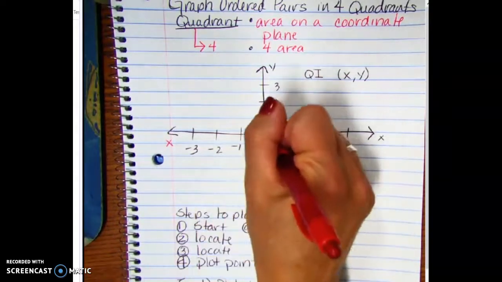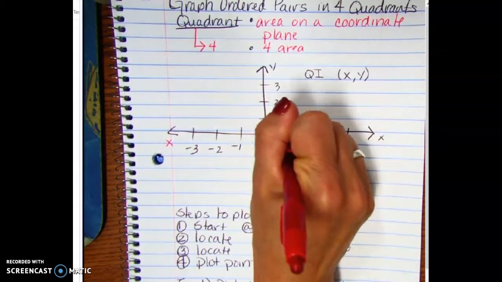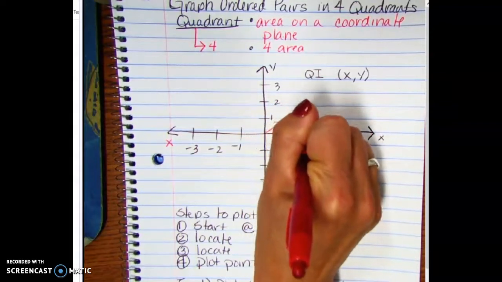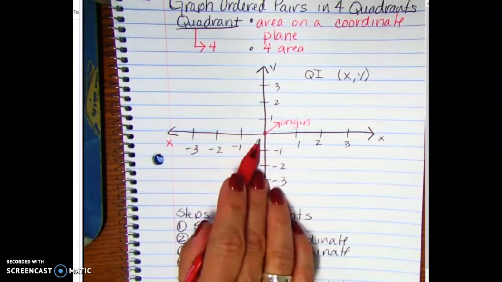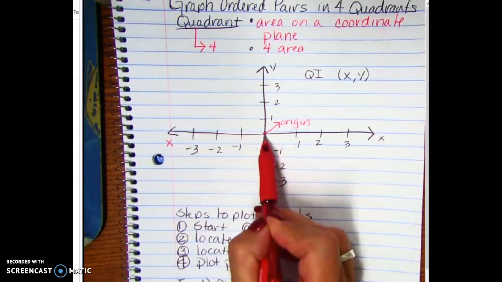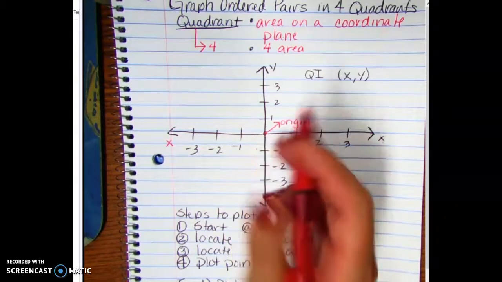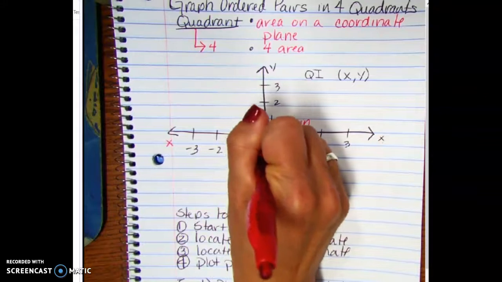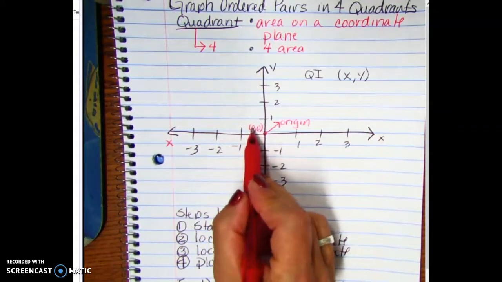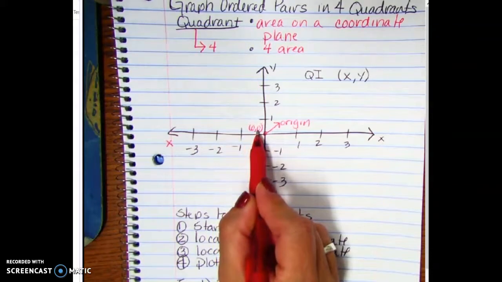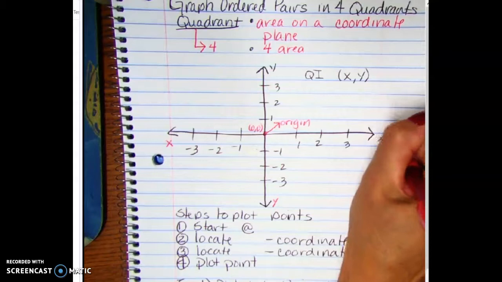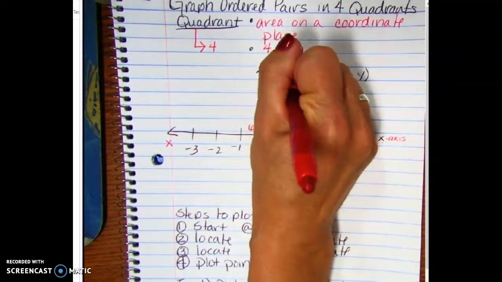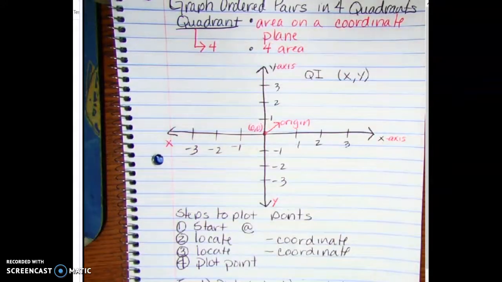Bringing up 0, we also know that the origin is directly in the center of my grid or my coordinate plane, and it's where the perpendicular lines x and y meet, and the ordered pair is 0, 0. X is 0, y is 0. Now, we have x and y, and we need to remember that this line is actually called the x-axis. It's horizontal. And then we have the y-axis, which is vertical.